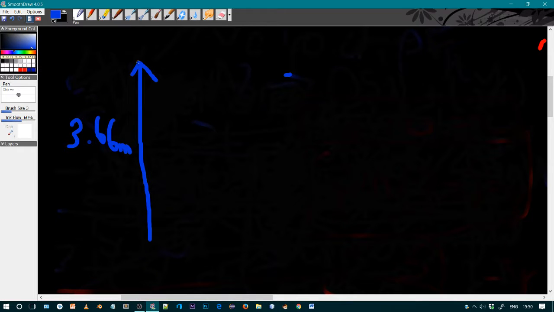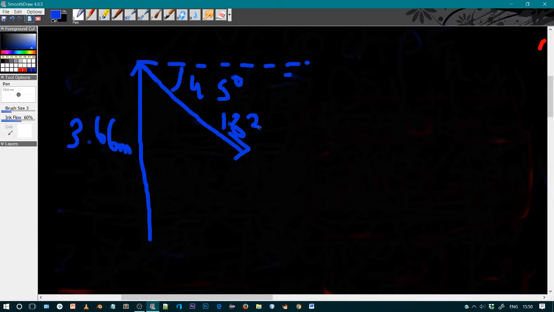Now our second vector has a magnitude of, this southeast, and there's an angle of 45 degrees, and its magnitude is 1.83 meters.